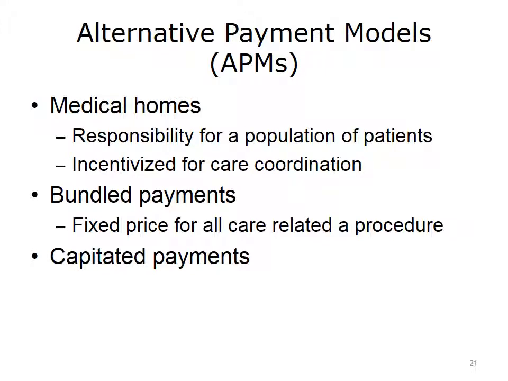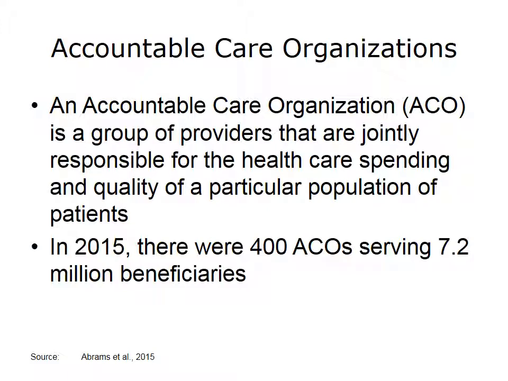As you can see from the definition on the screen, an accountable care organization, or ACO, is a group of providers that are jointly responsible for the healthcare spending and quality of a particular population of patients. ACOs are a result of innovations included in the Affordable Care Act.